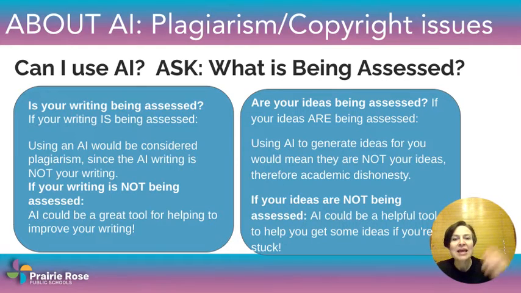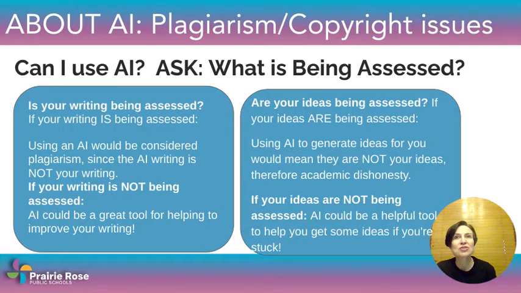Now, conversely, if your ideas are being assessed, then it would be inappropriate to ask the AI to give you an outline or to brainstorm ideas. That would be academic dishonesty, which of course is what we want to stay away from. So on the opposite side, if your ideas are not being assessed, then AI can be super helpful in helping you come up with some ideas to choose from, brainstorm ideas.